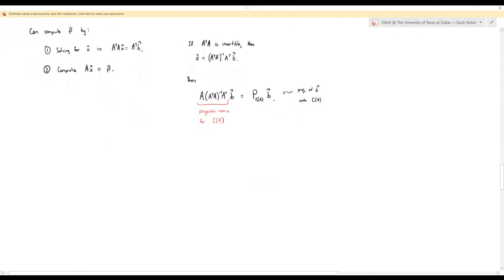And then this is all somewhat specific though to projecting onto a column space of a matrix.